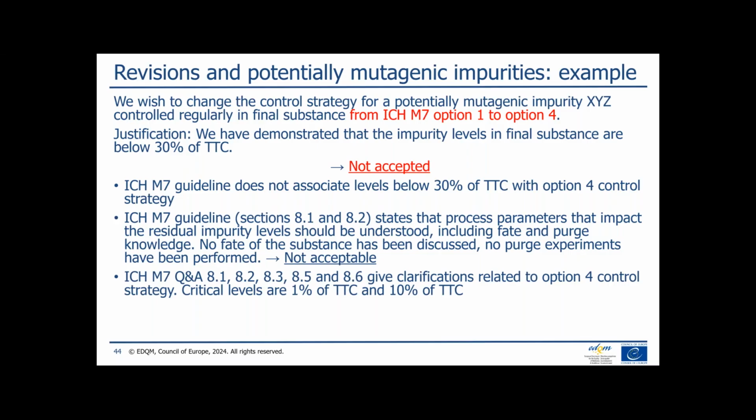Also, from last year, we have the ICH M7 question and answer document, which gives clear clarification in its instructions related to option 4 control strategy. For option 4, critical levels are 1% and 10% of the TTC, depending on whether theoretical calculations of purge factors or experimental studies are used.